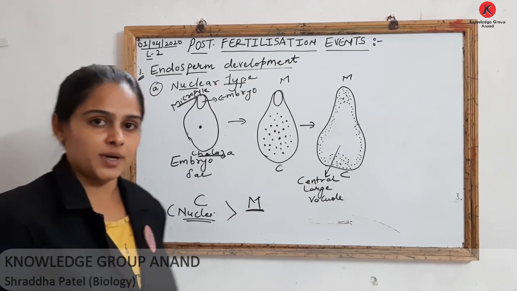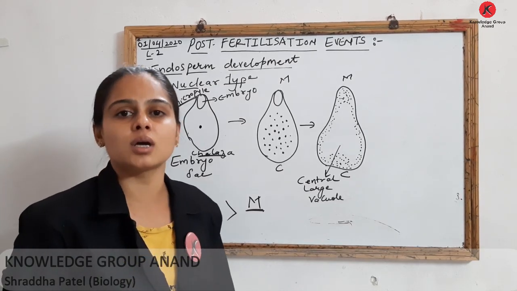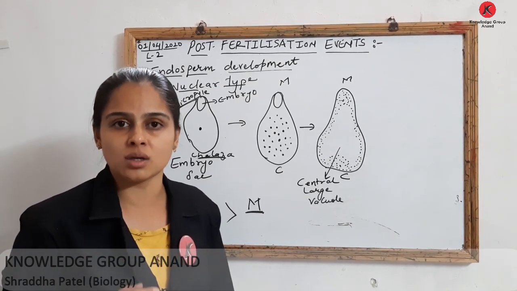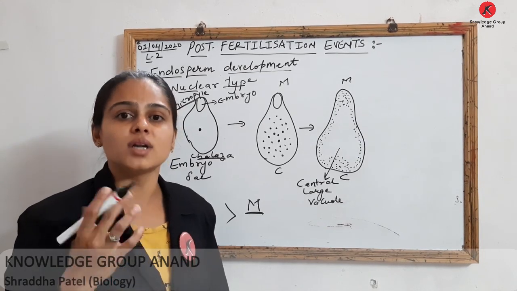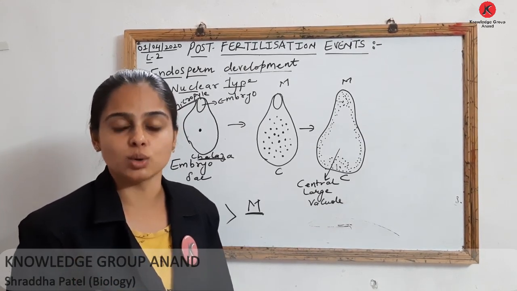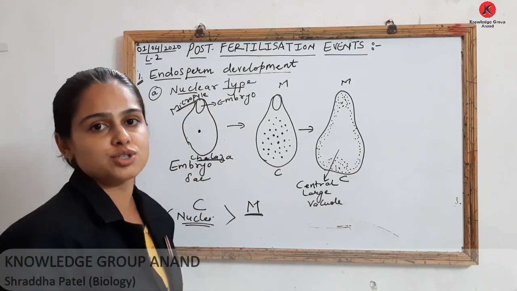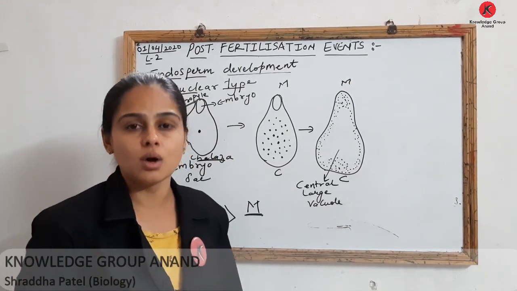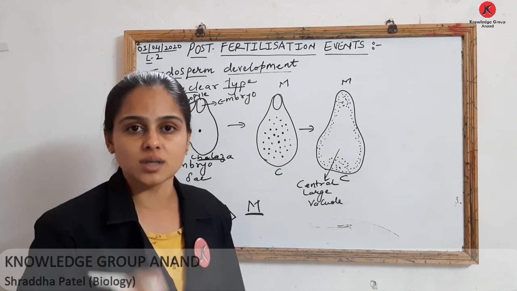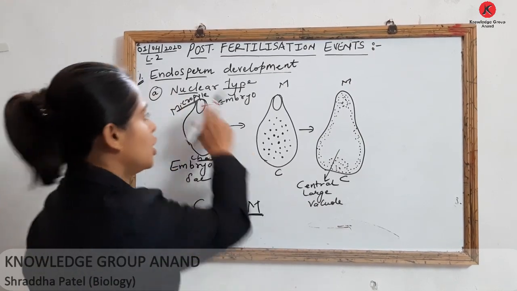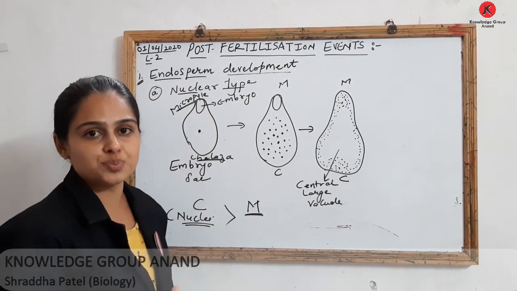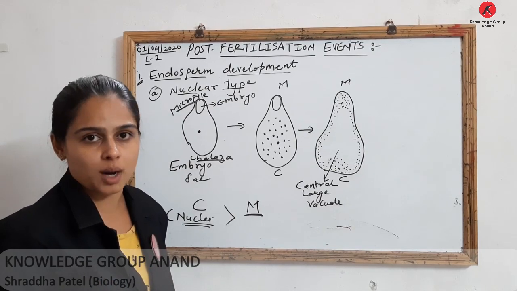Now say for example if we are talking about coconut, the coconut water that you drink is nothing but your nuclear endosperm. The tender water of coconut is nothing but your nuclear endosperm. You are drinking those nuclei.